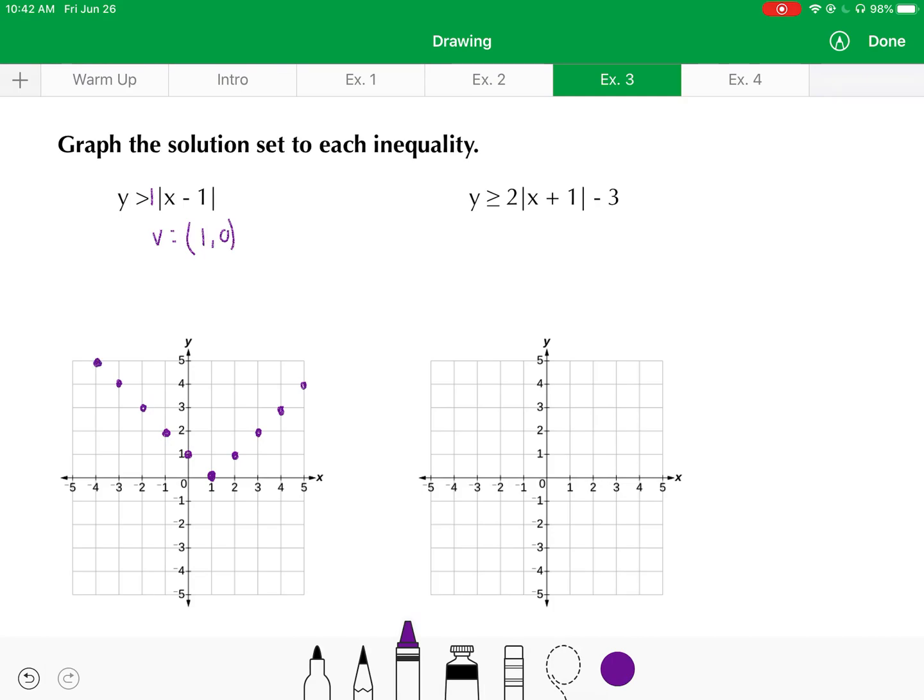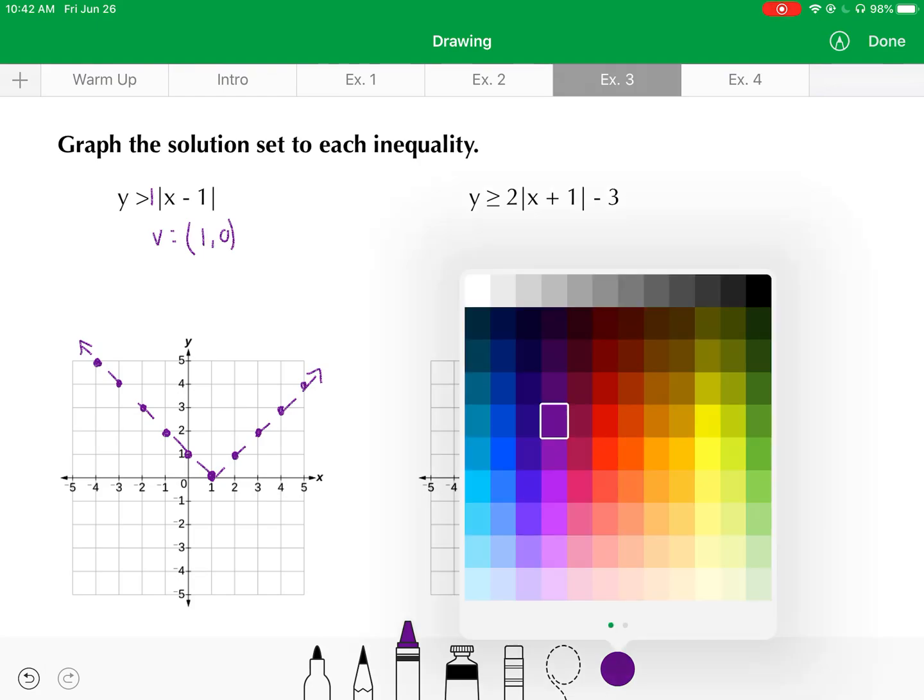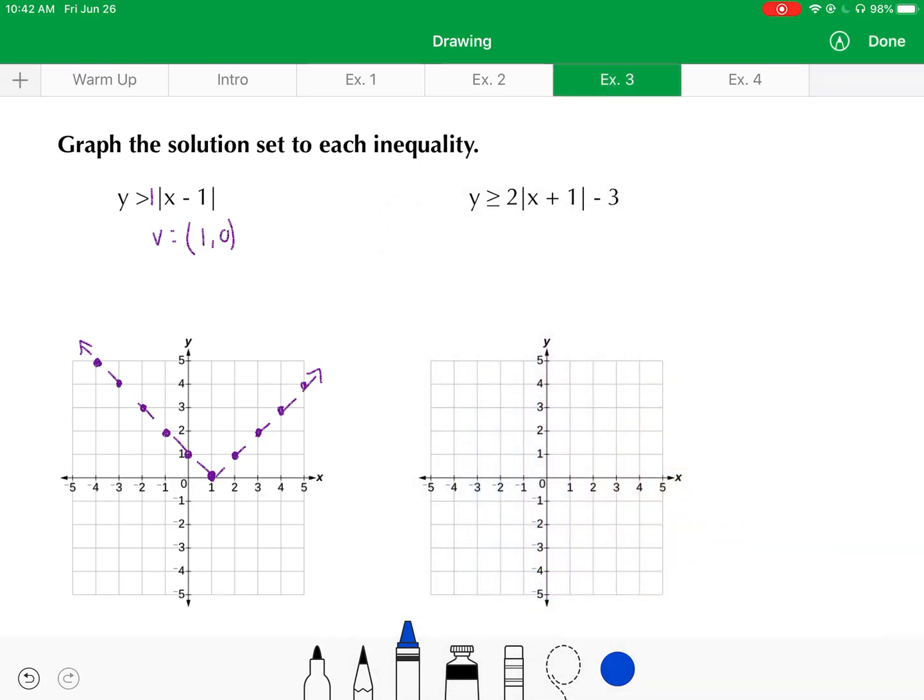Okay. Now when I connect all of these points together, I'm going to use a dashed line because these points are not actually part of the solution set. Okay. And now I pick a test point to determine where to shade for my solution, okay? So once again, I can use the origin as my test point.